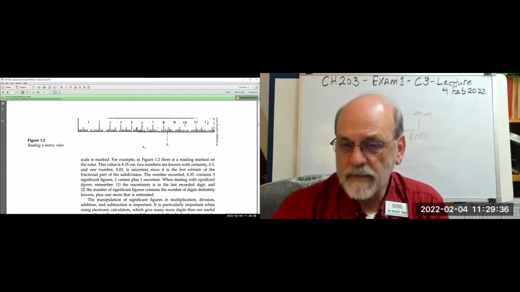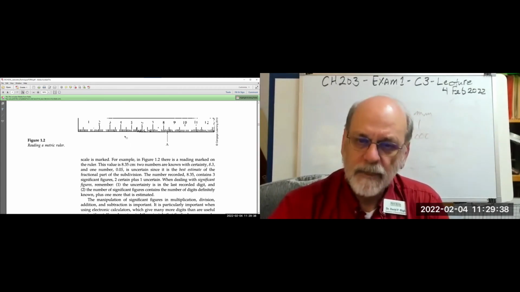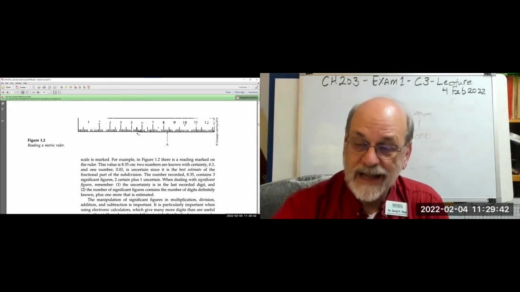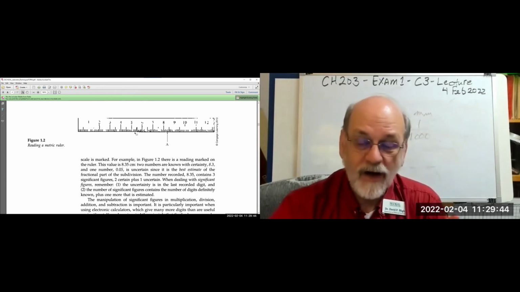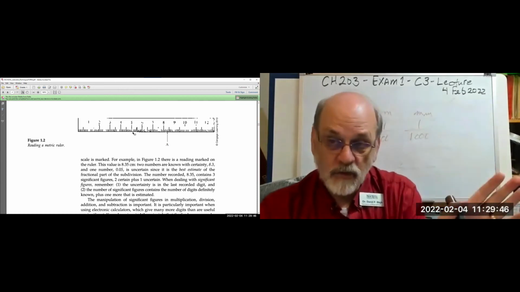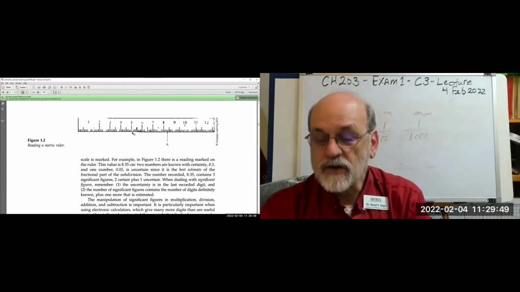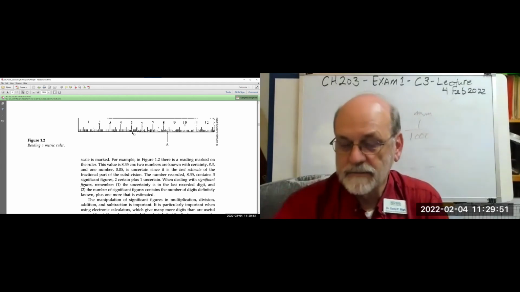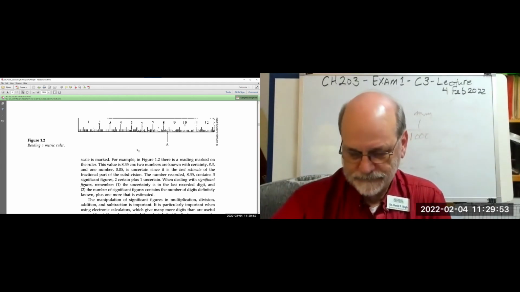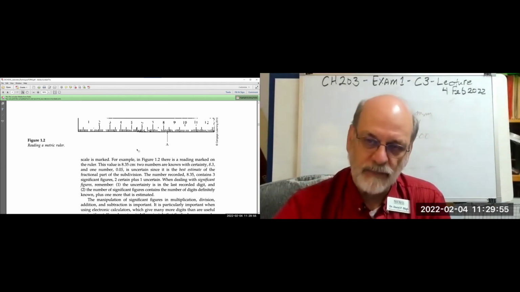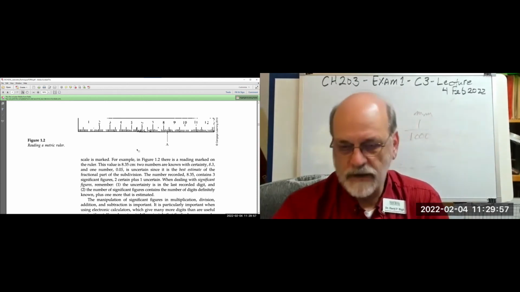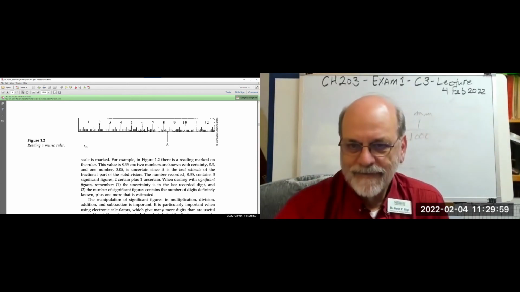And remember what we studied earlier. If your measurement is close to one of these little lines, but not right on it, then your last digit will be an estimate. So you can estimate tenths of millimeters. That would be your uncertain digit.